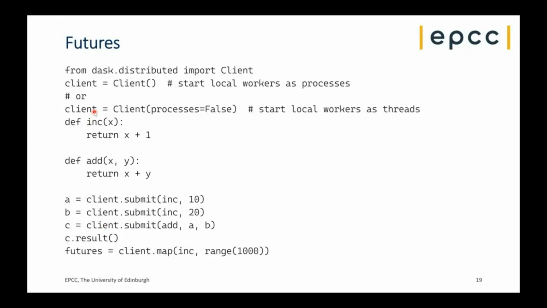I am creating a client, a futures client, and I'm submitting these three functions to run. I'm getting the results from it, and then I'm doing some more work on it here. So I can build arbitrary task graphs this way with much more control over what's going on.